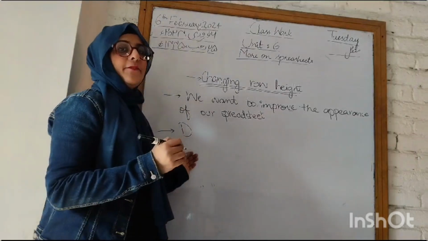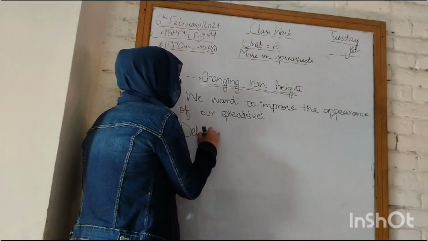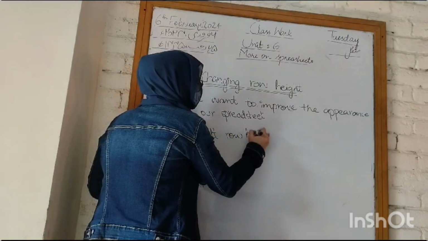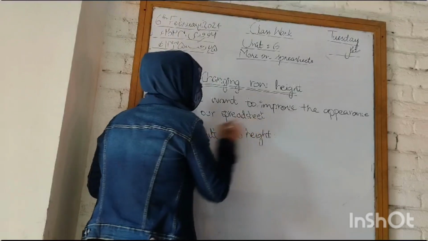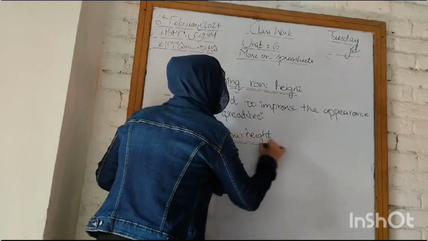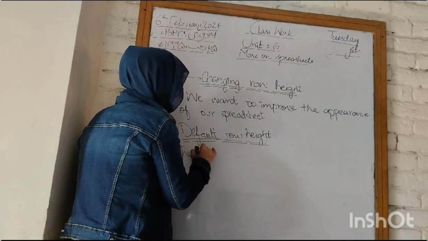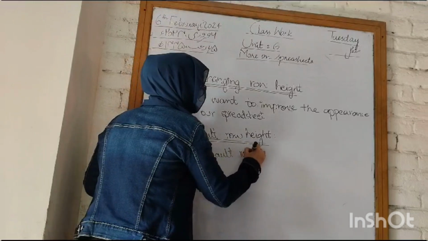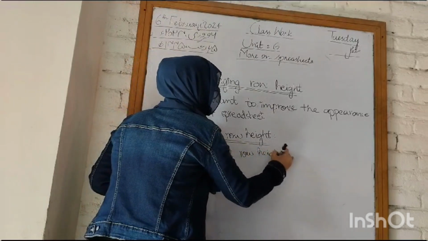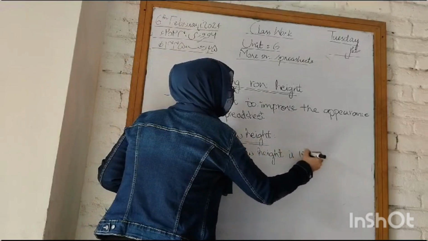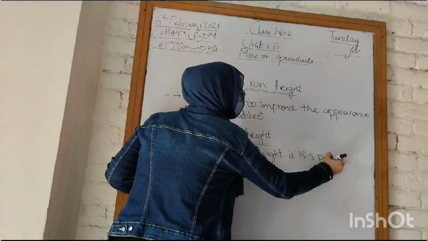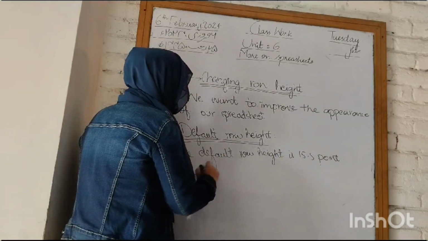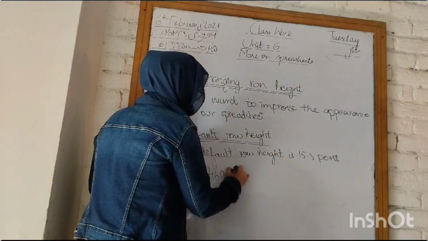Now, what is the default row height? Students, tell me, what is the default row height? As I've told you before, the default row height is 15.5 points, and the range of this height is 0 to 409 points.